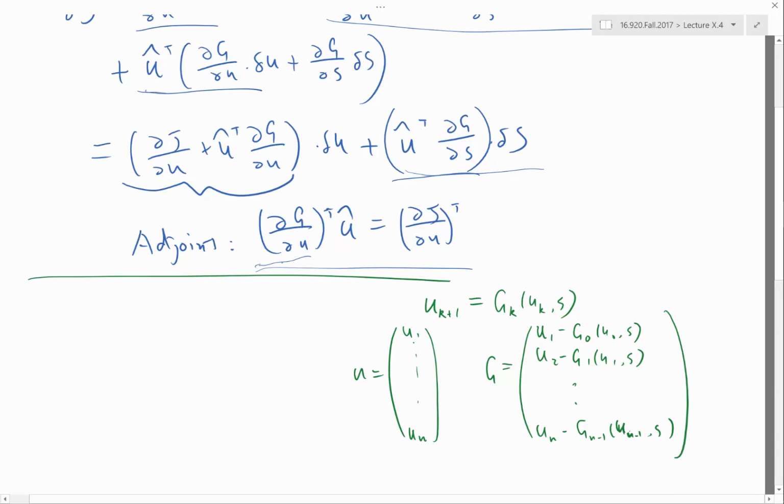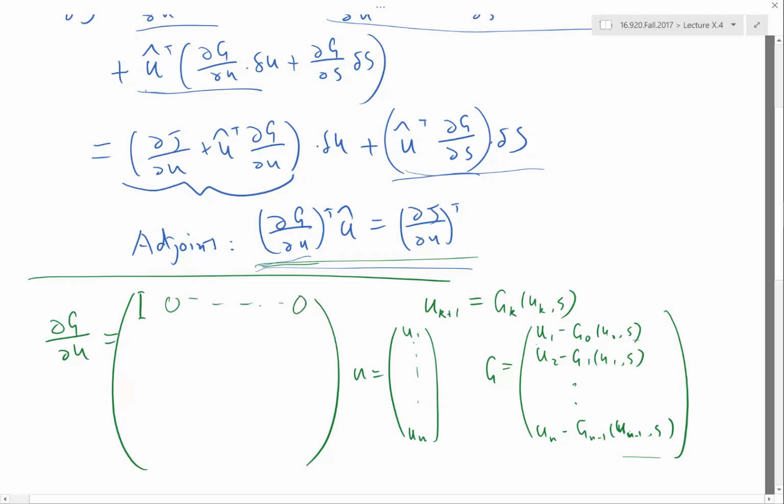And then the adjoint equation becomes actually the same equation as we were solving, except if you look at the structure of dG/dU. If you look at the G, the first row is the derivative of the first equation with respect to u, which is 1 here, or identity if it's a vector form, and all zeros, right?